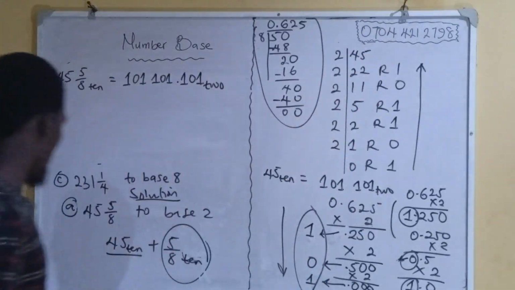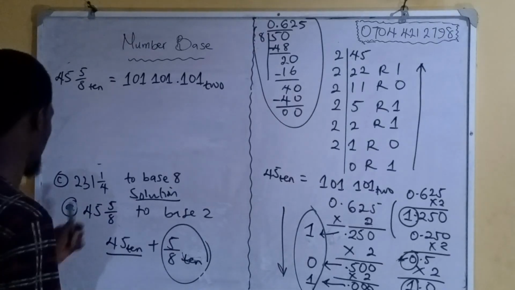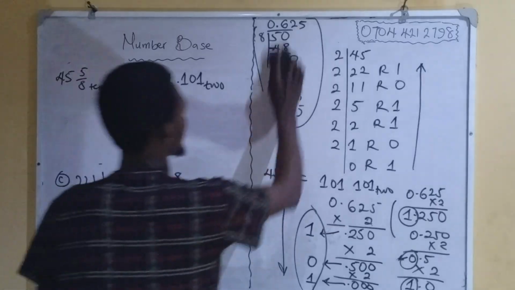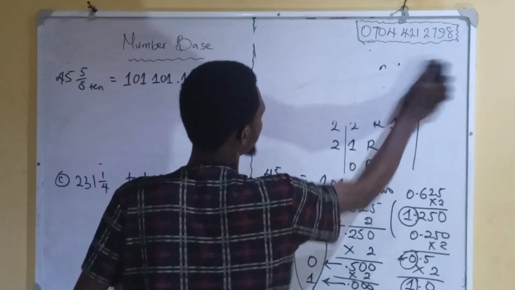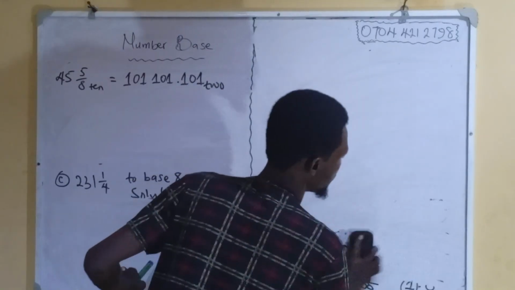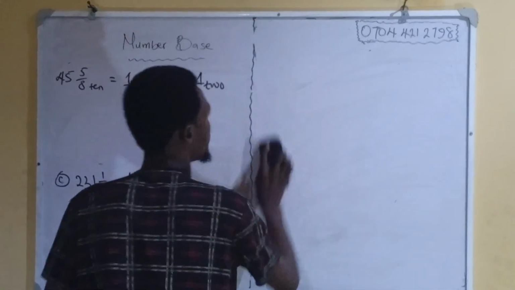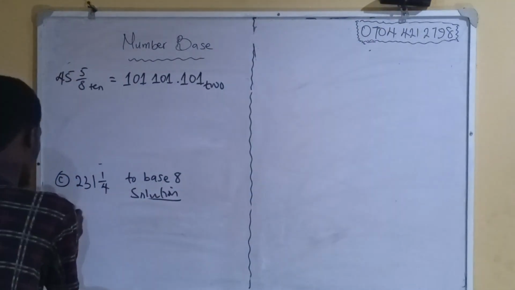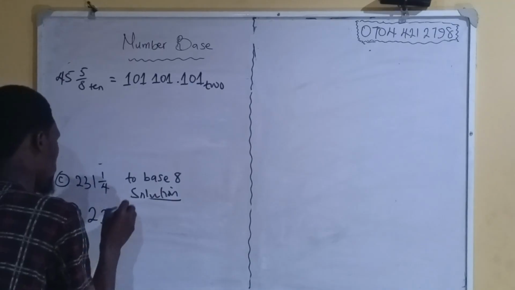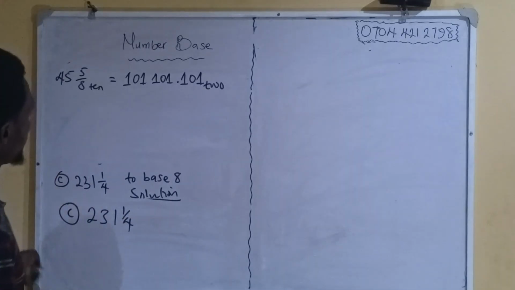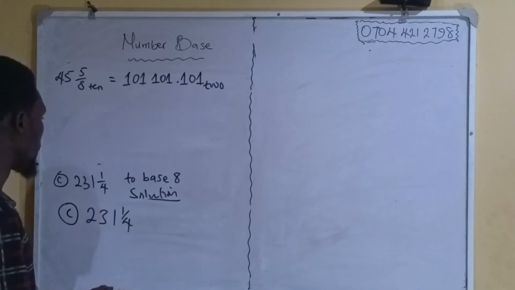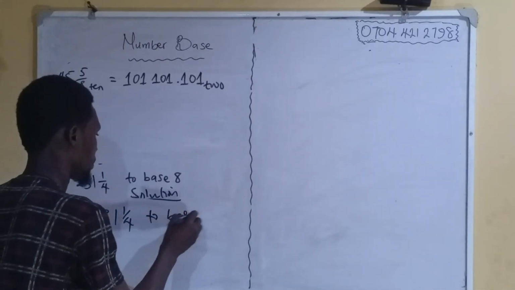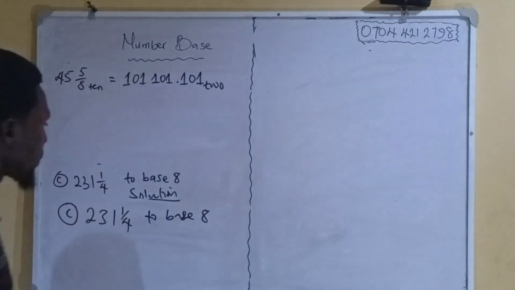So let's do the next one. The next one is this particular one. So what you have here is 231 and 1/4 in base 10 to base 8, and the same thing is applicable here.